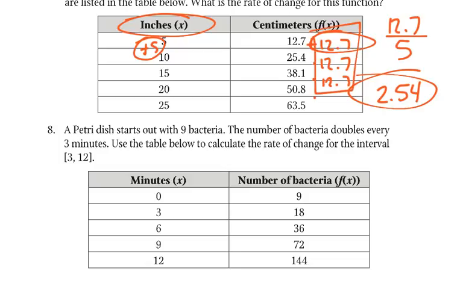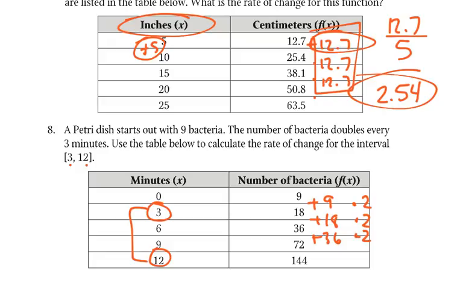Now if we look at 8, this one, we don't have that constant change, do we? But we could multiply by 2 each time, right? So it's exponential. Okay? The way we do this, it gave us the interval from 3 to 12.